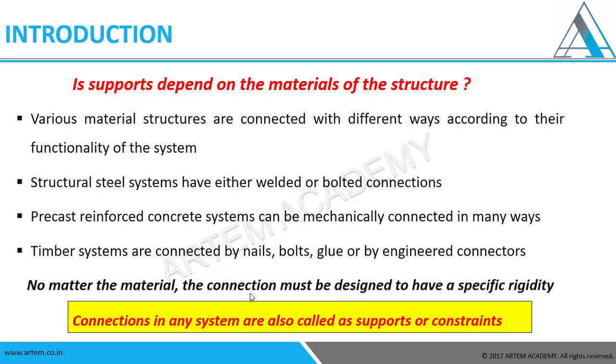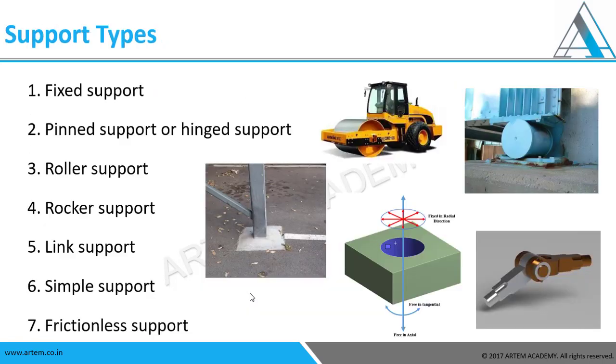Let us first discuss the types of supports: fixed, hinged, roller, rocker, link, simple, frictionless. We still have many other support conditions, but these are the most popular and the ones we mostly use.